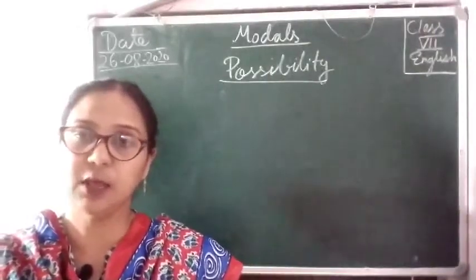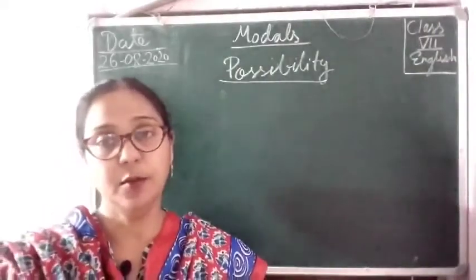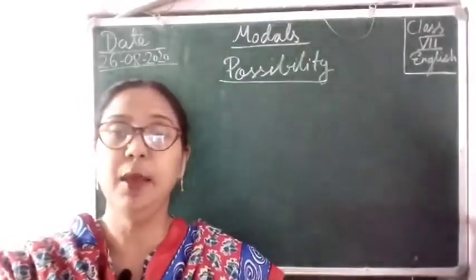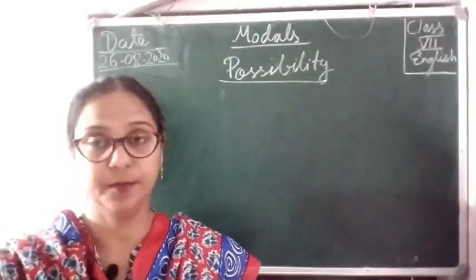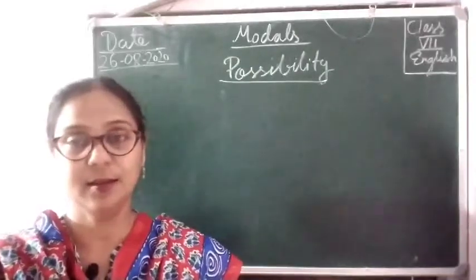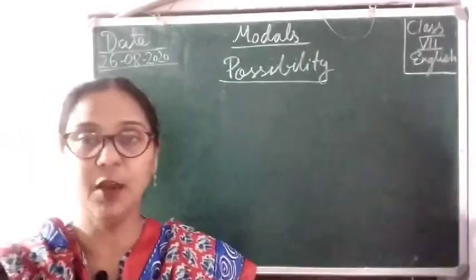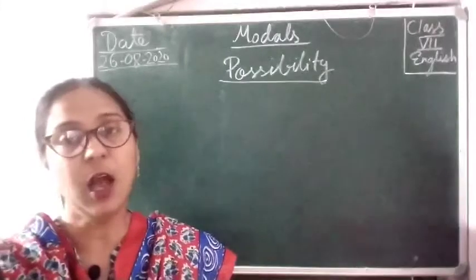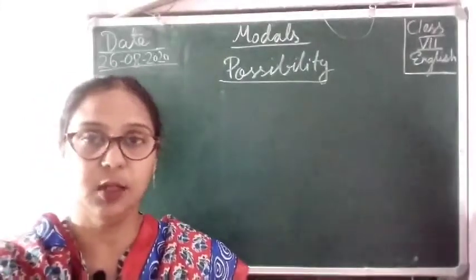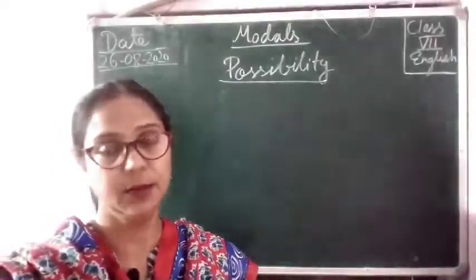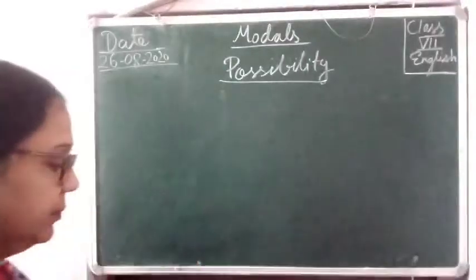Today we are going to start possibility. From can, could, may and might, we can express possibility. So let's start. First of all, we are going to discuss how may or might can show possibility.